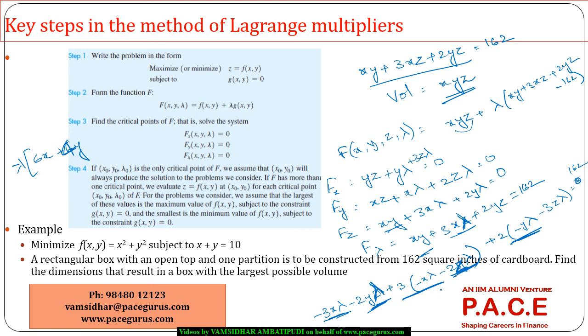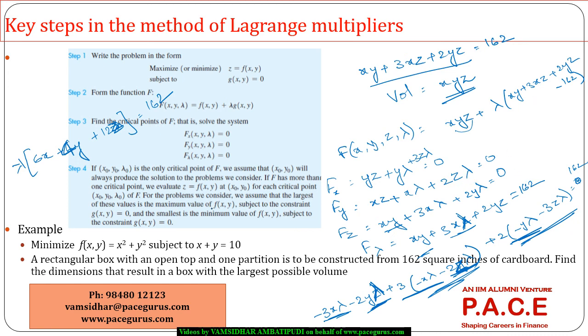And what about the z? Here I am getting minus 6z lambda and here also minus 6z lambda, plus 12z is equal to 162. Now I have to solve them. So probably here I may have to substitute one of them in terms of the other and simplify the process, getting the values of x, y, z and lambda.